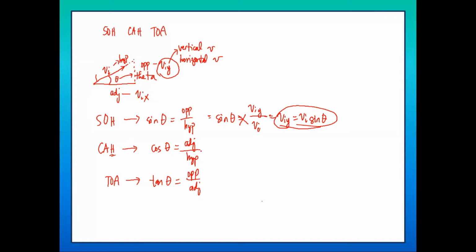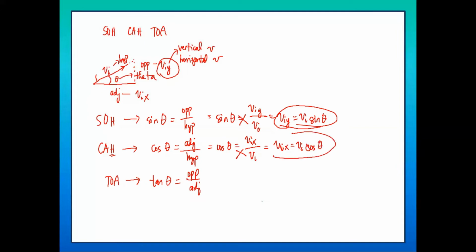So, ang mangyayari dyan, that becomes cos theta is equal to adjacent, that is your v sub ix, over your hypotenuse na v sub I. Okay, so cross-multiply para makuha natin yung equation for v sub ix. Magiging v sub ix is equal to your v sub I multiplied by cos theta.